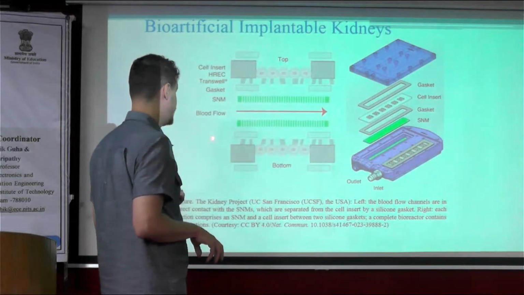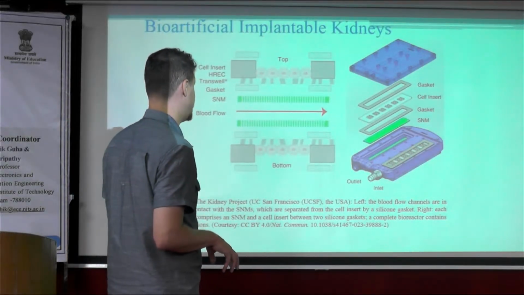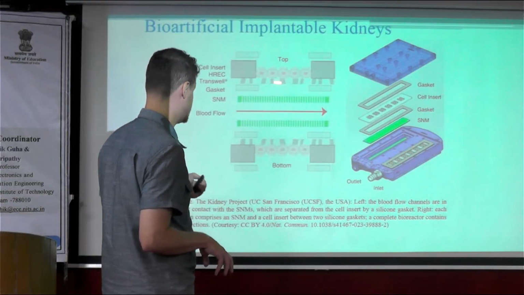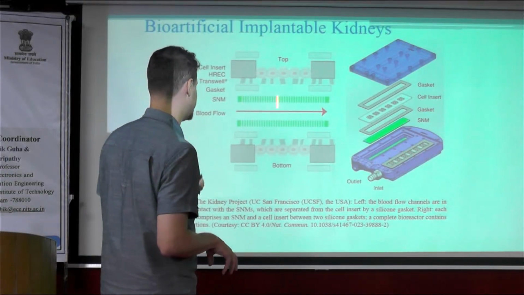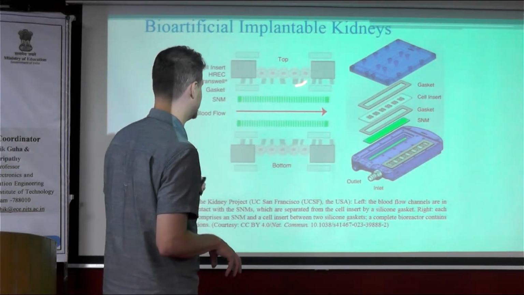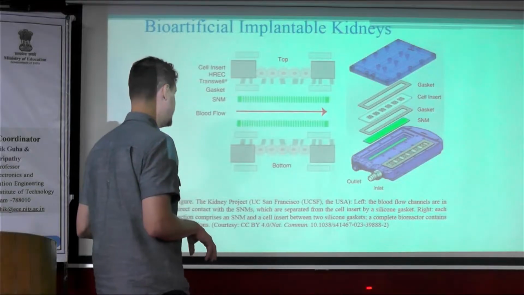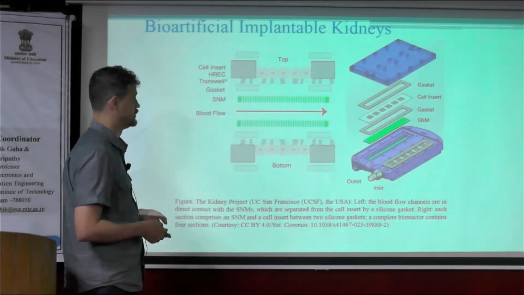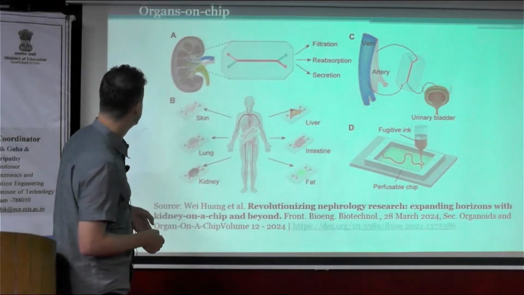That's why, in order to prevent the immune reaction, the problem should be solved by introducing an additional membrane that does not allow the immune cells of the blood to interact with the biotechnological part of the artificial kidney. And that's the problem that is crucial for bioartificial kidneys.